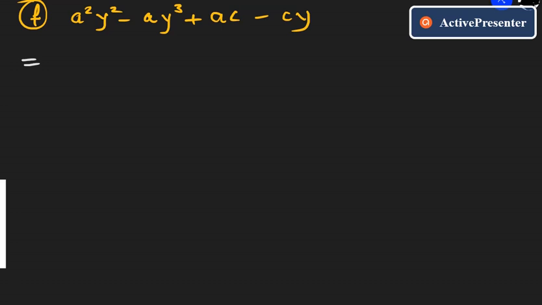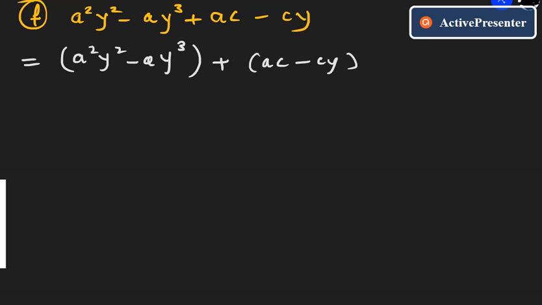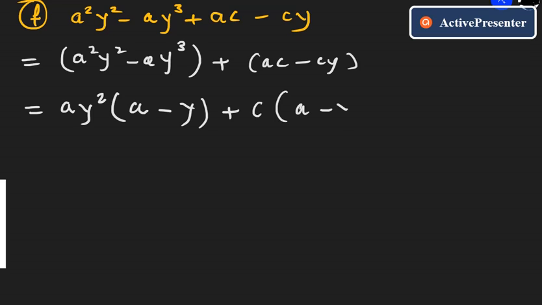So let's take now a squared y squared minus ay cubed, plus ac here minus cy. So if you factor the greatest common factor here, you would have ay squared, right? And you would be left with a minus y. Now take the greatest common factor here as c, so this would be a minus y.